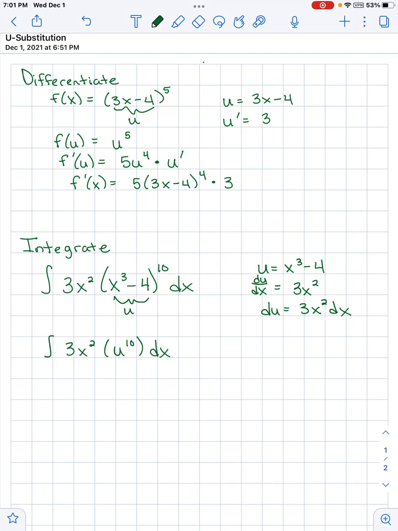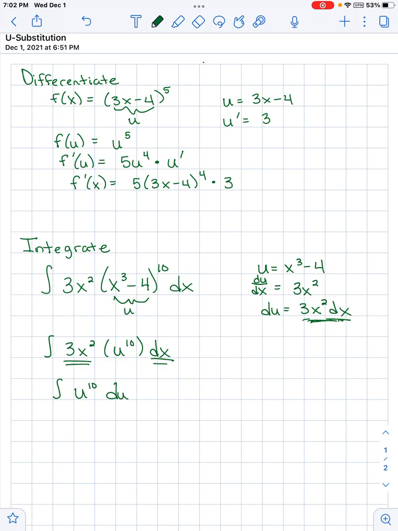So what I notice then in my integral is I have the 3x squared. I have the dx. So I can rewrite this as u to the 10th. And then the 3x squared and the dx, since the 3x squared times dx is equivalent to du, I can rewrite this as just u to the 10th power du.